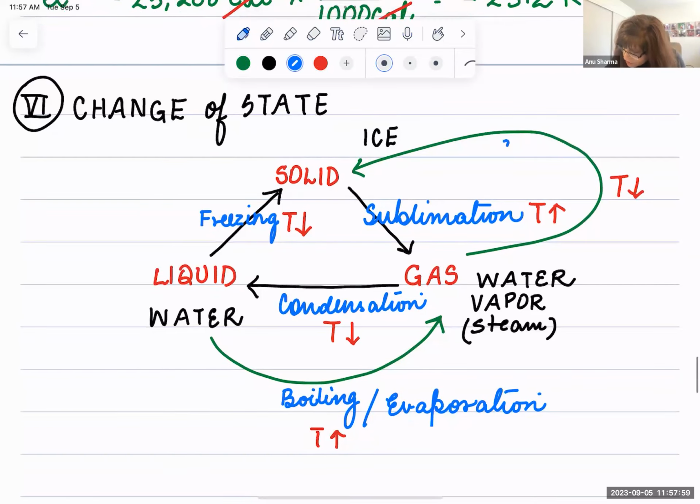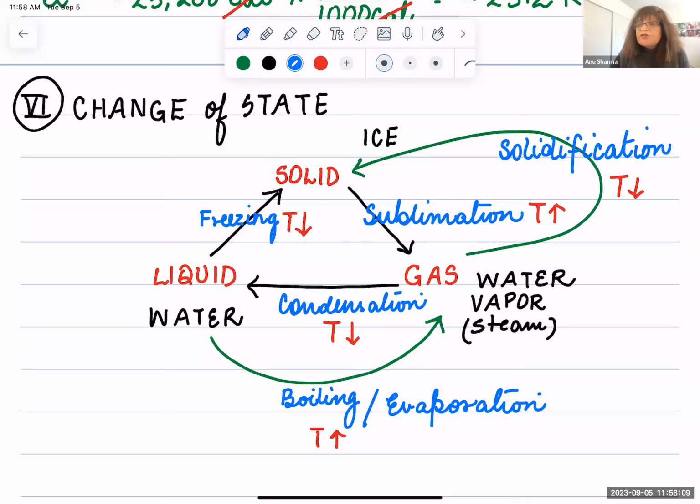This is solidification, when ice is seen on the surface of the glass. It happens in extremely cold weather, when very freezing cold air, which already is loaded with water vapors, strikes the cold glass surface. It immediately forms beautiful icicles or snowflakes, beautiful patterns you will see.